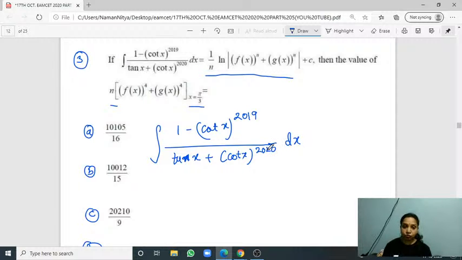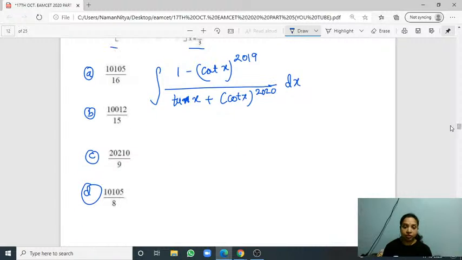This I am going to solve, and after solving this integration I will get my n value and my f of x and g of x also. So we are supposed to just do the integration of this. How I am doing it, just check. I am just converting everything in terms of sine and cos.